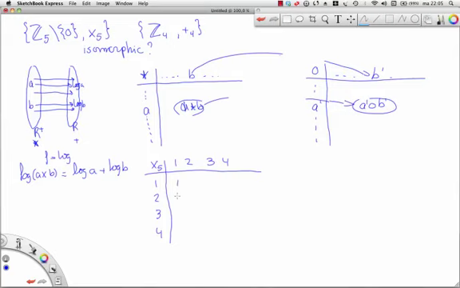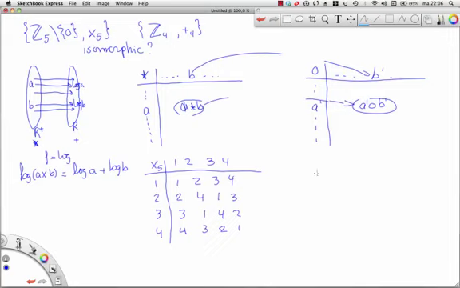It was 1, 2, 3, 4, then 2, 4, 1, 3, then 3, 1, 4, 2, and finally 4, 3, 2, 1.